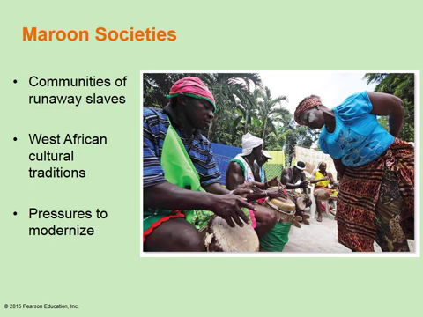Certain islands afforded slaves a way to escape to a region that might be out of the reach of the landowners. And in various places, these maroon societies developed, preserving a number of West African cultural traditions.